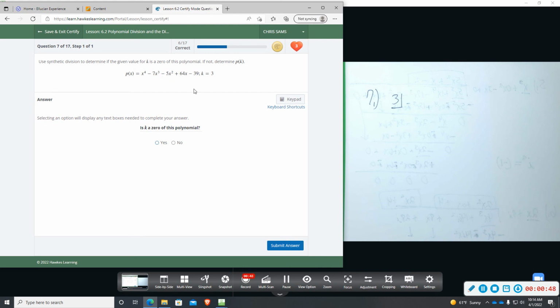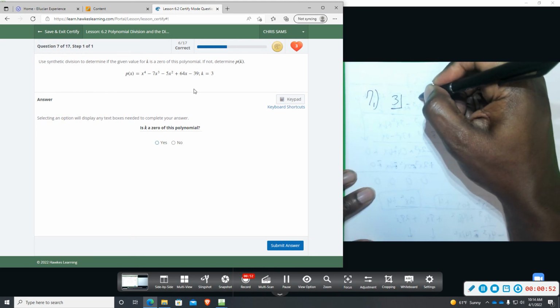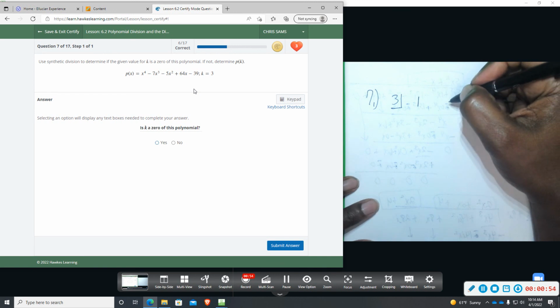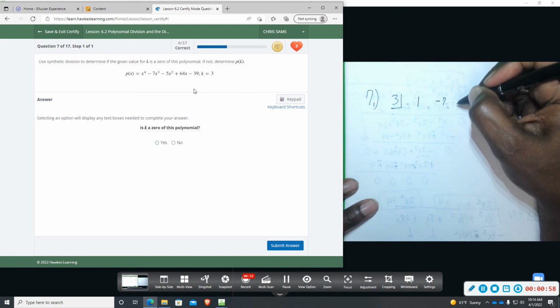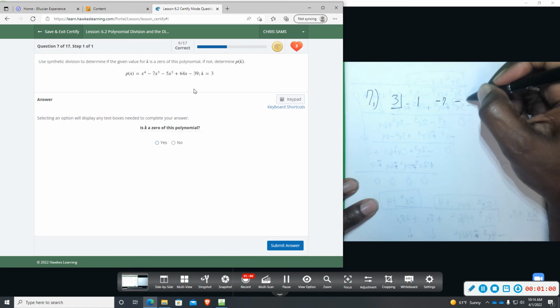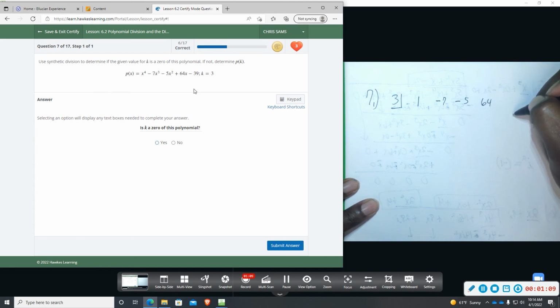So we have all of our terms. So my first coefficient on the x to the 4th is a 1. And then the next one is a negative 7. And then negative 5. And then a positive 64, which I'm just going to write 64. And then a negative 39.